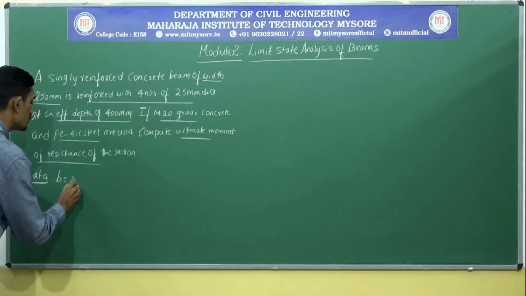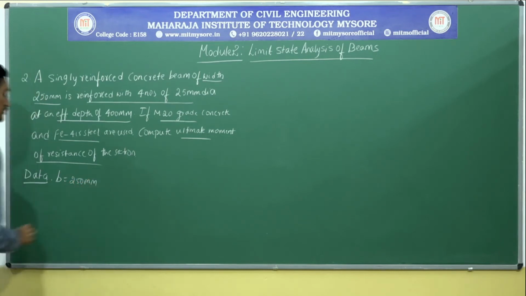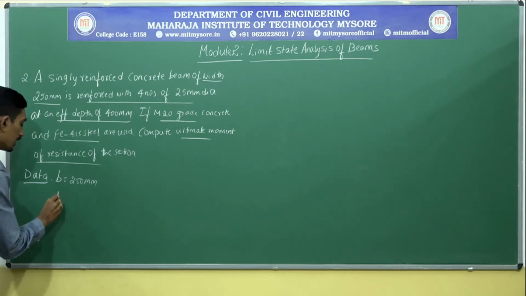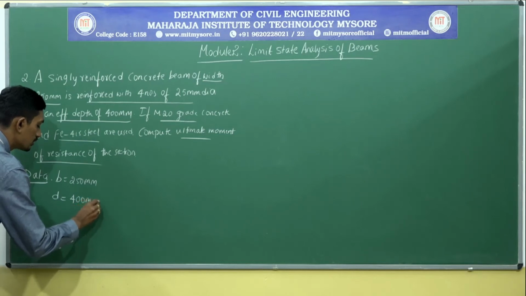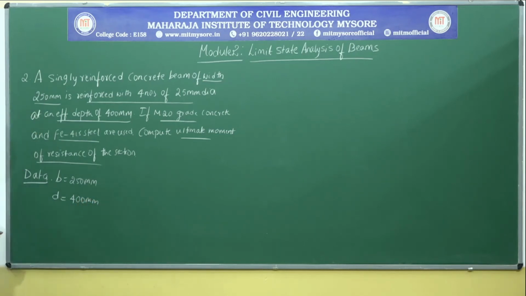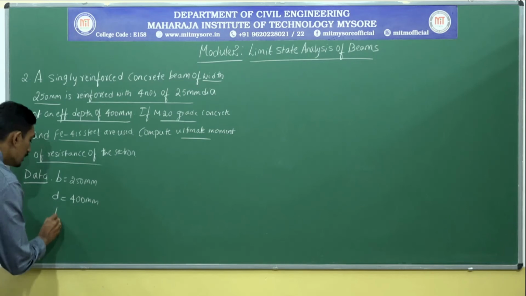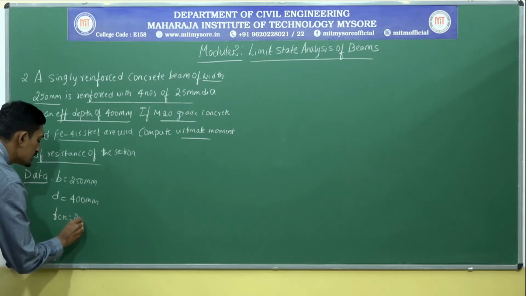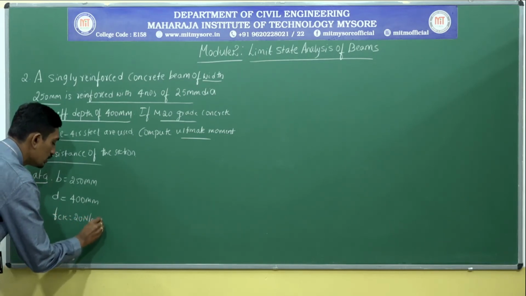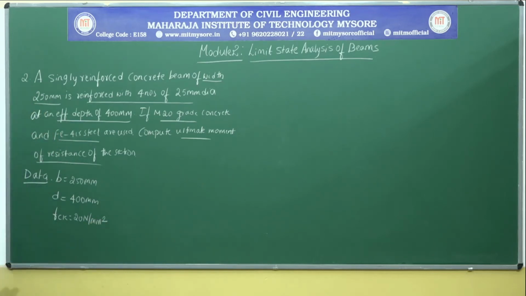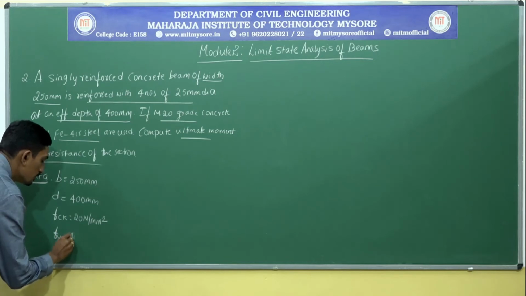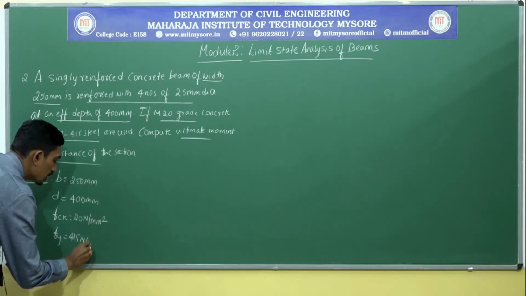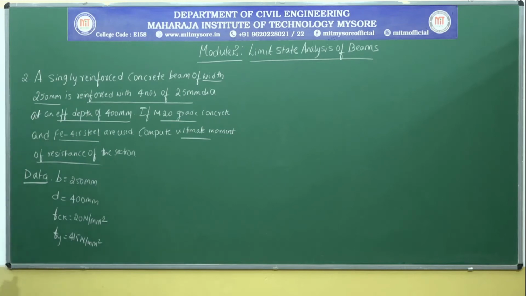B is equal to 250 millimeter, and directly they have given the effective depth, no need to calculate, 400 millimeter. Then M20 grade concrete, that is FCK equal to 20 Newton per millimeter square. Then Fy is equal to 415 Newton per millimeter square.